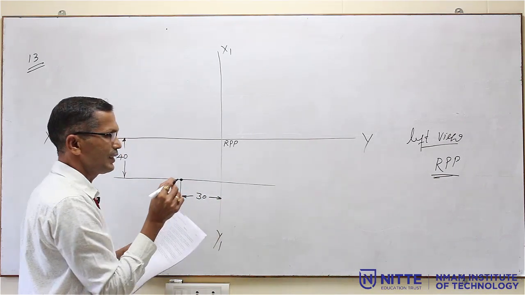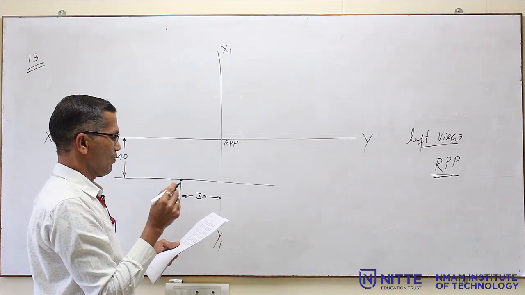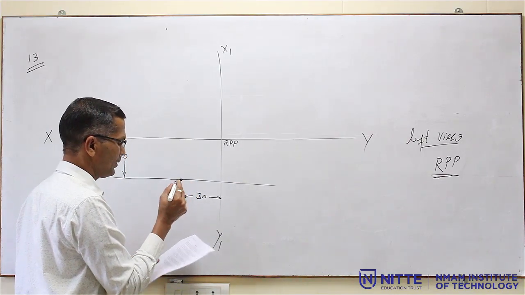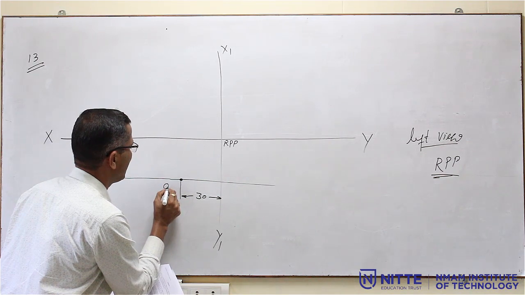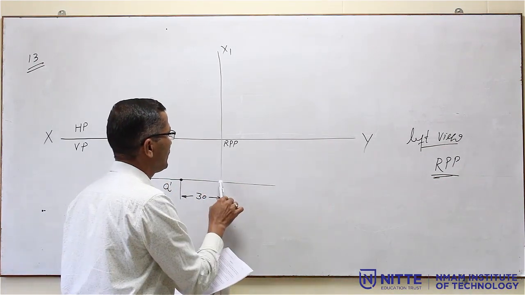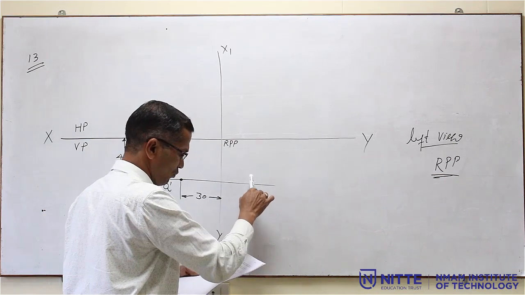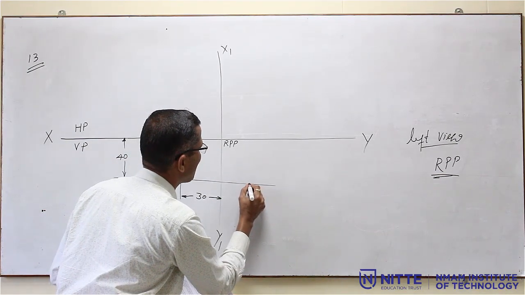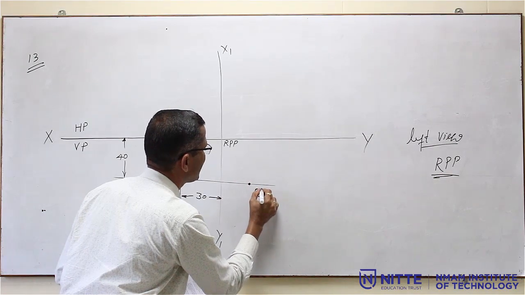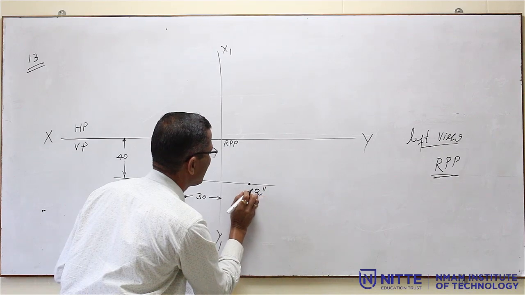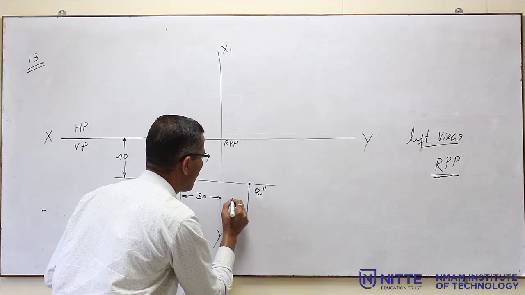So, call this as the front view. The name of the point is not given, so I will call this as A dash, front view. And from this x1 y1 you measure a distance of 20 mm to the other side and mark this, this is the side view A double dash, and this distance is 20 mm.